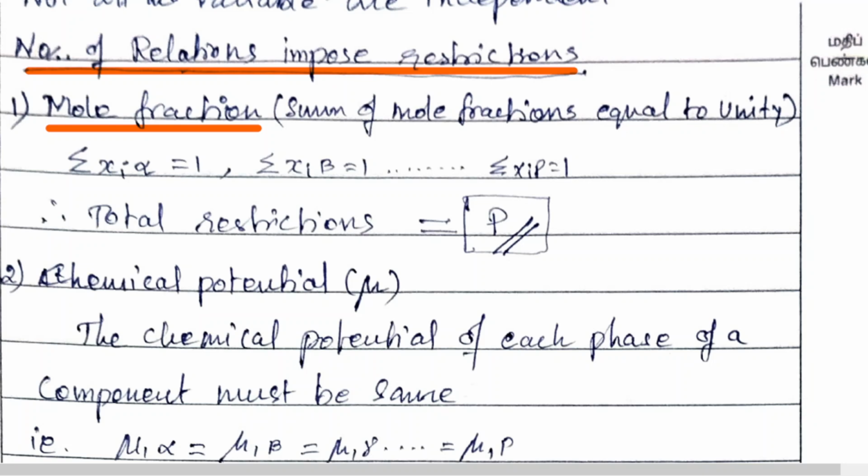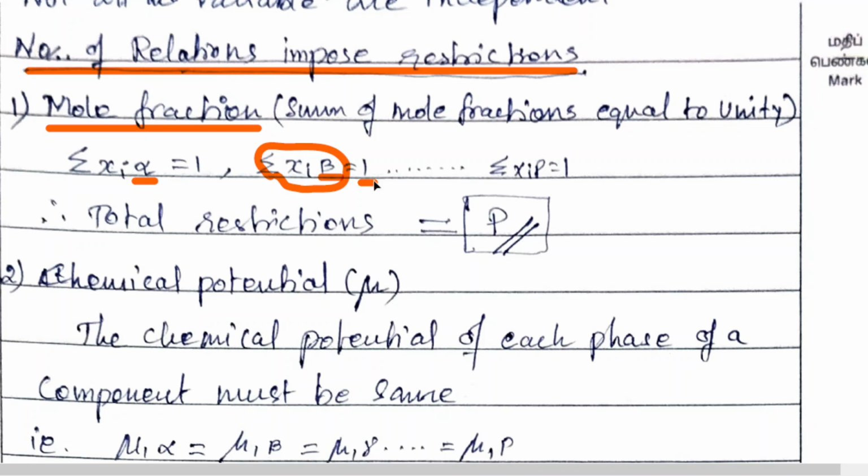That means, this is x i alpha. If you take one phase, alpha phase, the sum of the mole fractions of component 1, component 2, component 3, etc. will be equal to 1. Similarly, for beta phase, the sum of mole fractions of component 1, component 2, component 3, etc. of the beta phase will be equal to 1.